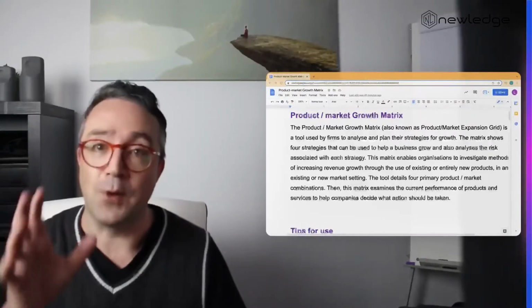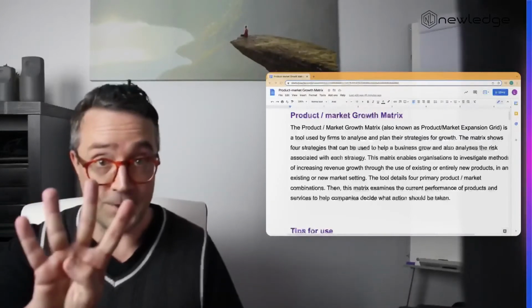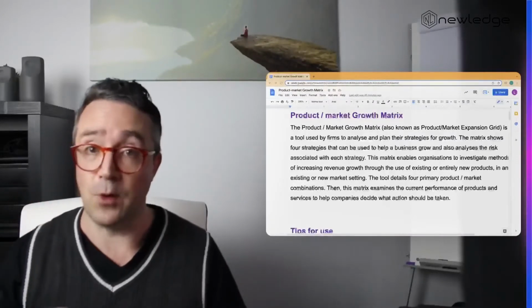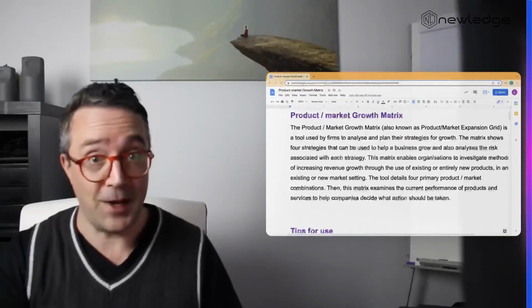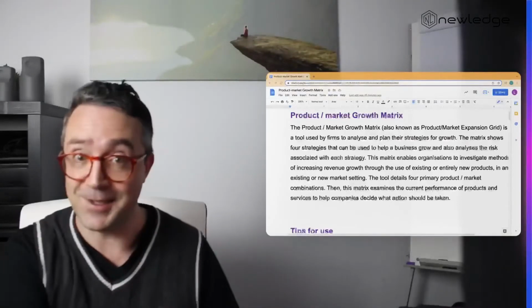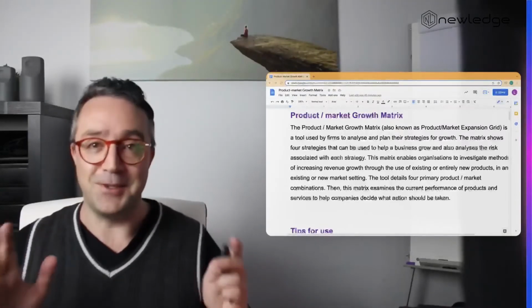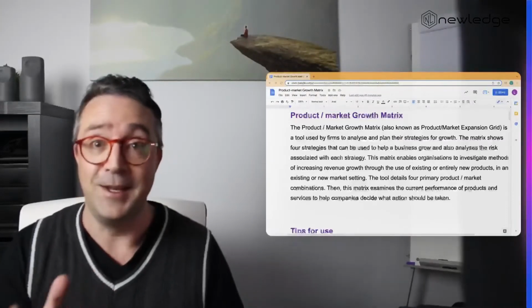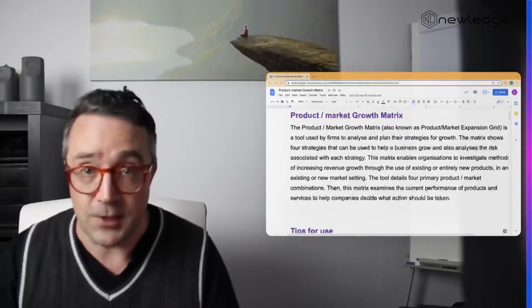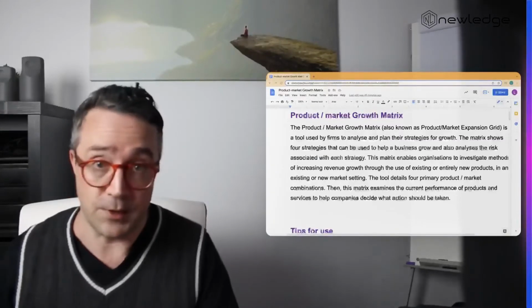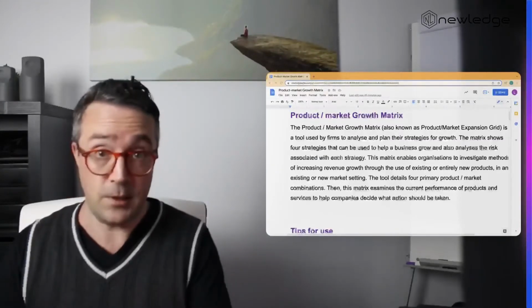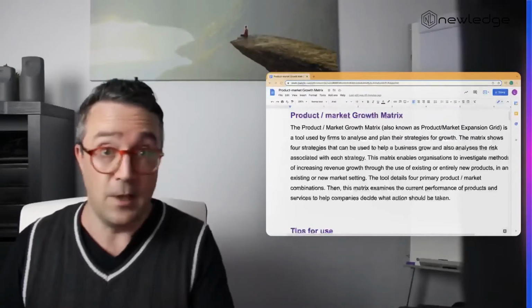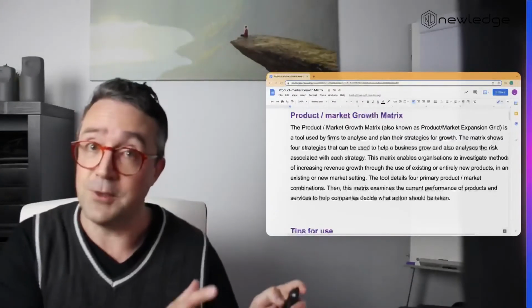The product market growth matrix shows 4 strategies that can be used to help a business grow revenues by expanding its products and/or its markets. I'm going to explain it to you really simply using a great example, Aussie barbecues. This matrix enables organizations to investigate methods of increasing revenue through the use of existing or entirely new products in an existing or entirely new market.